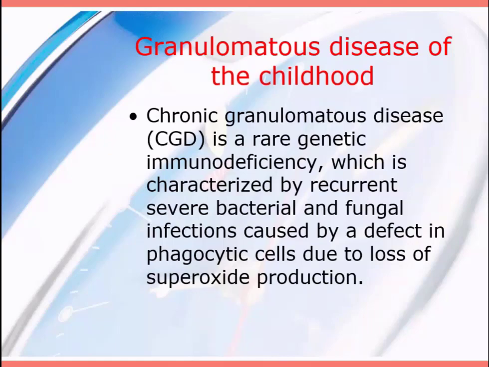Among them, we have granulomatous disease, which was the first one to be diagnosed, an older diagnosis, and it's very common in children. It is a rare genetic immunodeficiency, but we have seen it a lot.